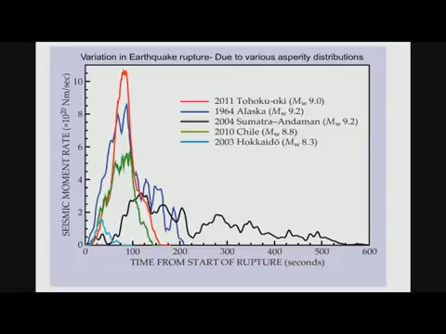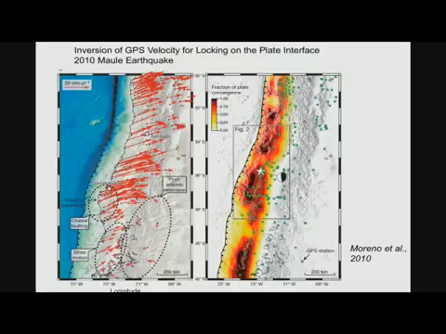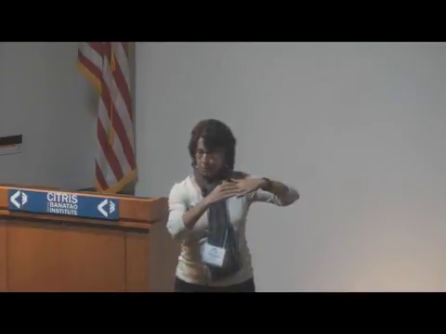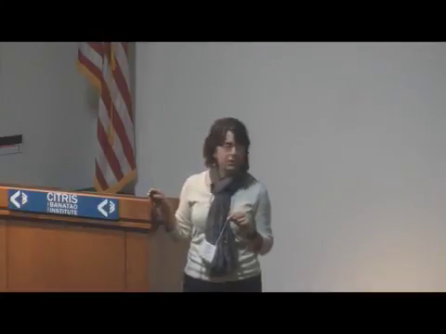Okay, so what can we do, once we know, here's the slip distribution of an earthquake? I think one thing that is important and exciting is Jeff talked about how we can use GPS data in the interseismic stage, between earthquakes, where the downgoing plate is dragging the upper plate in that direction, and we can use that to invert for locking on the plate interface.